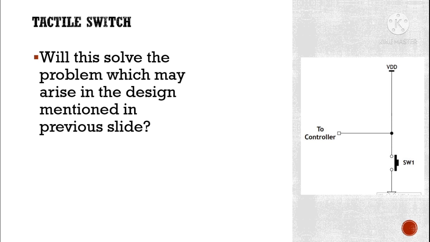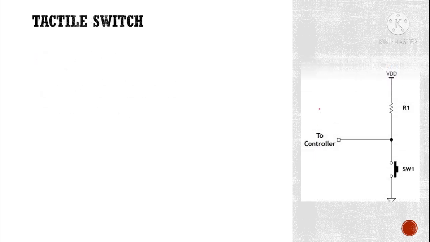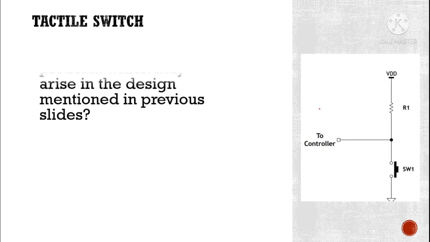We missed VDD in the previous slide, so we put VDD to the switch. Is it complete? No. VDD is directly given to the controller, which would damage it, so we use a resistor in between the controller and VDD.